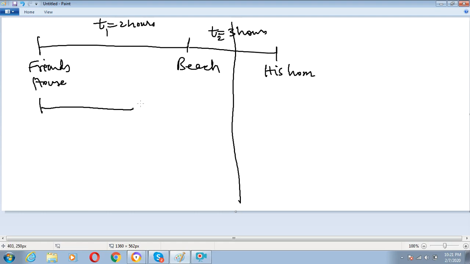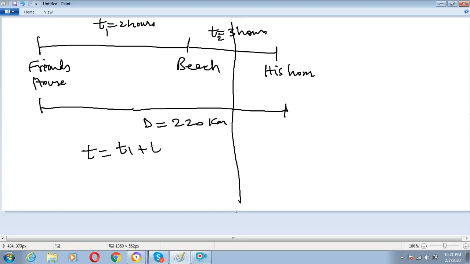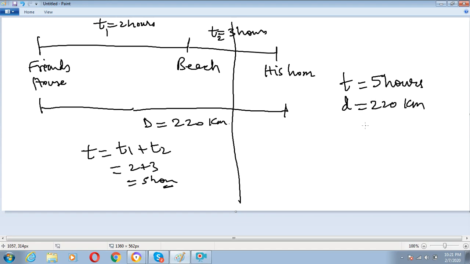So we know the total distance is 220, and the total time is T1 plus T2, 2 plus 3, 5 hours. So you came to know time is 5 hours and distance is 220. Simple. You have to find out the speed.